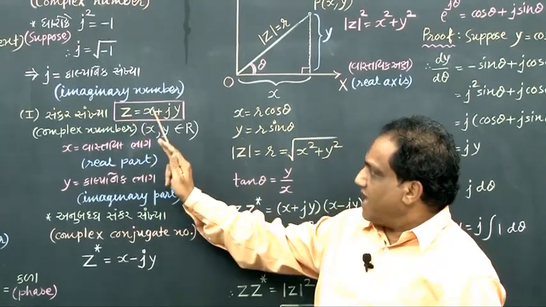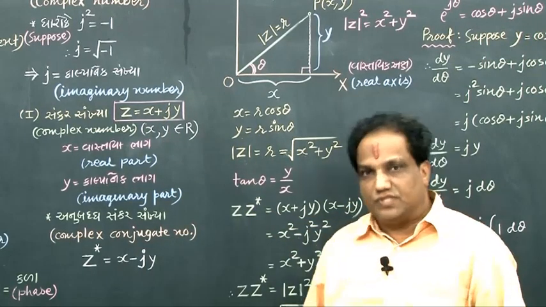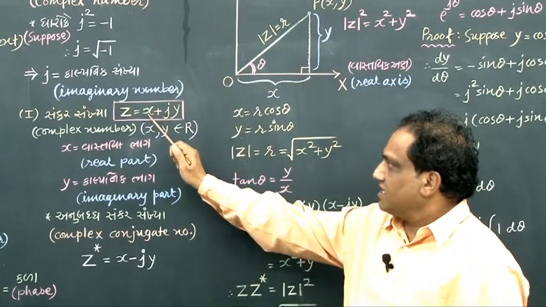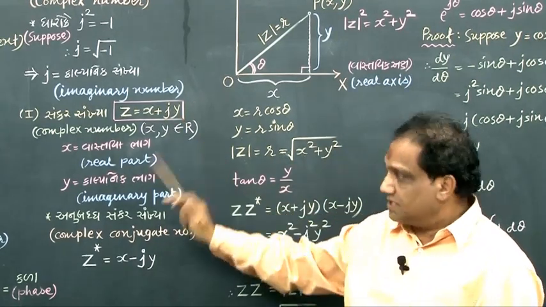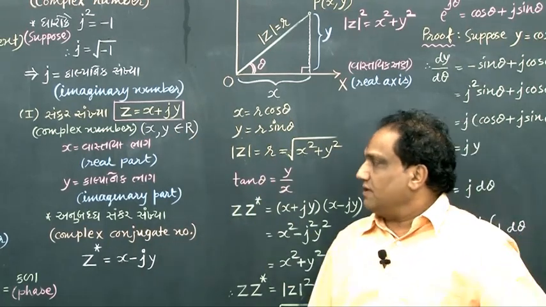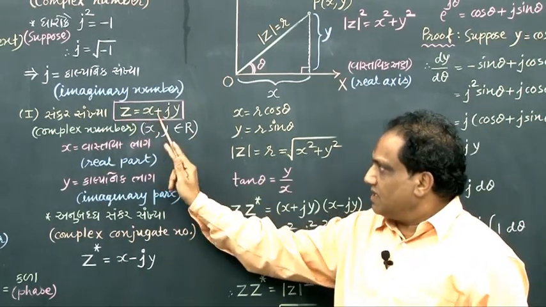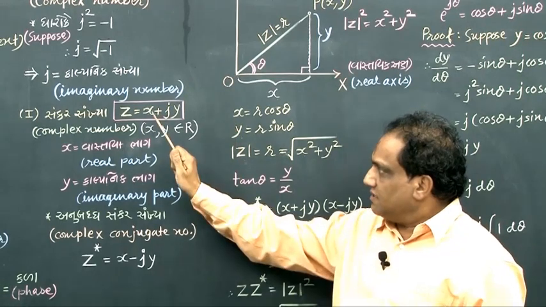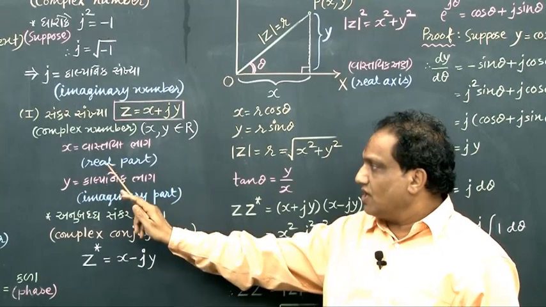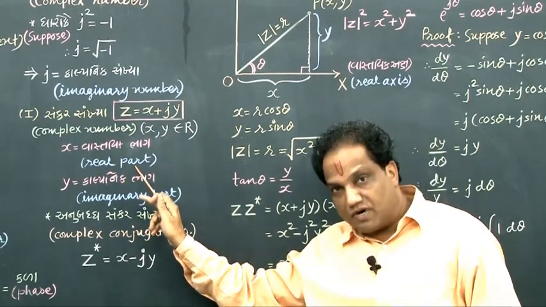z equals x plus jy, where x and y are real numbers. x and y belong to R. Now tell me, in z equals x plus jy, this x, the part without j, is called the real part of a complex number.